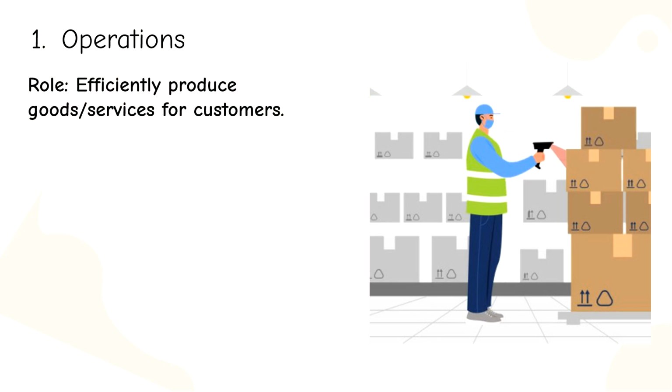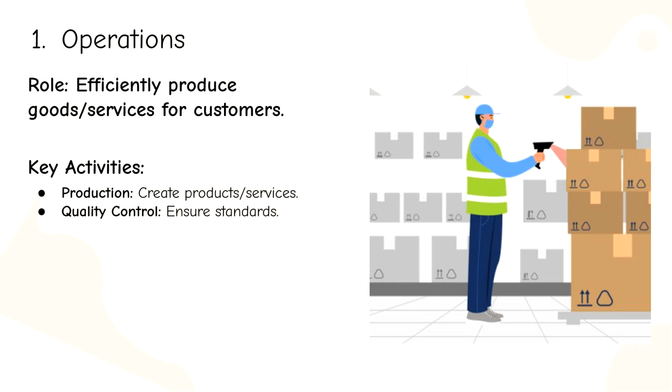The role of operations is to efficiently produce goods and services for customers. So operations is the way the business is being run and looks at the day-to-day activities of the business. Some of the key activities would be production, where products and services are created, quality control to make sure that all products or services are up to standard, and supply chain.